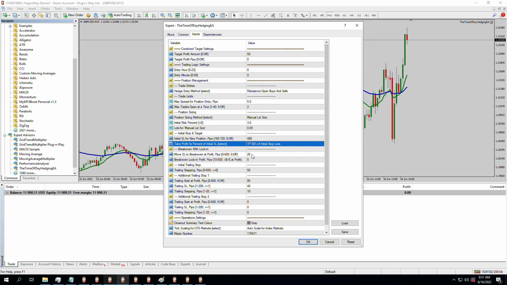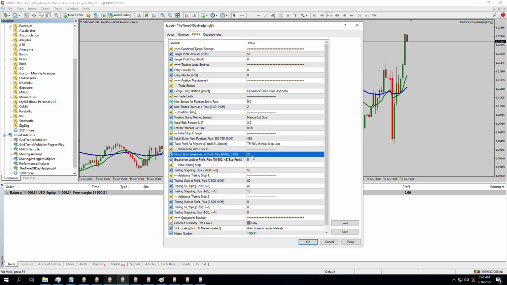You'll notice that once it moves to the break-even point and once it starts trailing, the trailing stop, or the trailing profits really, those numbers become invalid. So I did set a break-even, so lock in profits at break-even. So move the stop loss at 20 pips of profit, move it to 5 pips break-even.